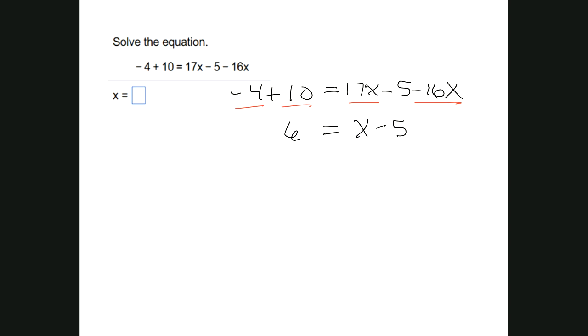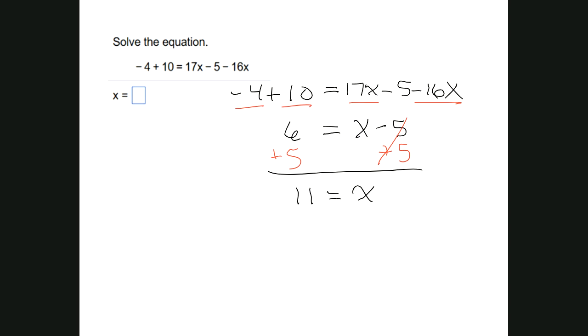The next thing is to get the x by itself. So I will do the opposite of negative 5 and add 5. What you do to one side of the equation, you do to the opposite side. Remember, we're going to add vertically if you want to see it this way. 6 plus 5 is 11, equal sign, and then x.